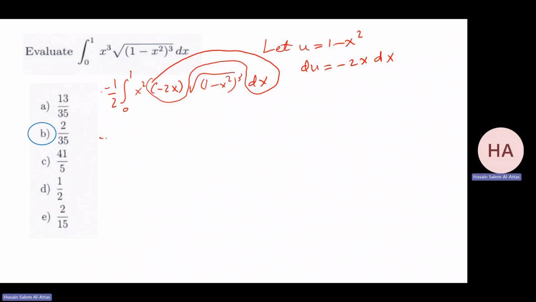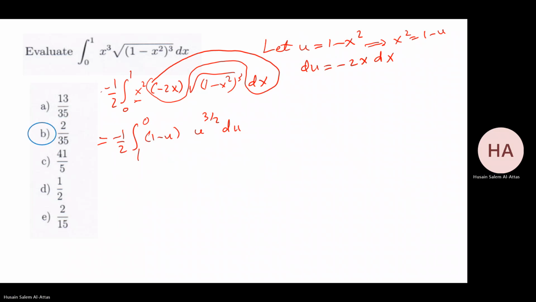So that will be what? Minus half. Now I change the limit. I change everything in terms of u. 1 minus 0 is 1. 1 minus 1 is 0. This x squared, I can rewrite it as what? 1 minus u. So this will be 1 minus u, u to the power 3 over 2 du.